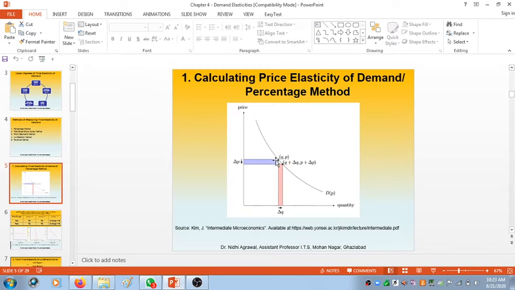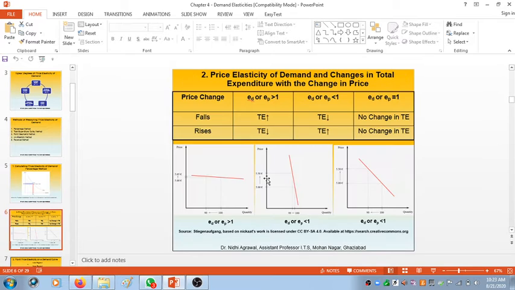This pink portion represents the numerator of the formula, and this blue colored portion represents the denominator. When we divide the numerator by the denominator, we have the price elasticity formula according to this diagram.